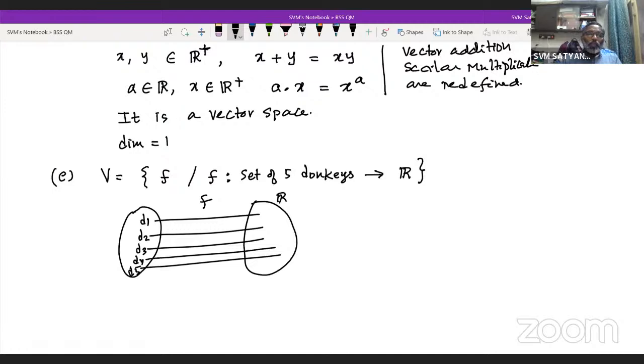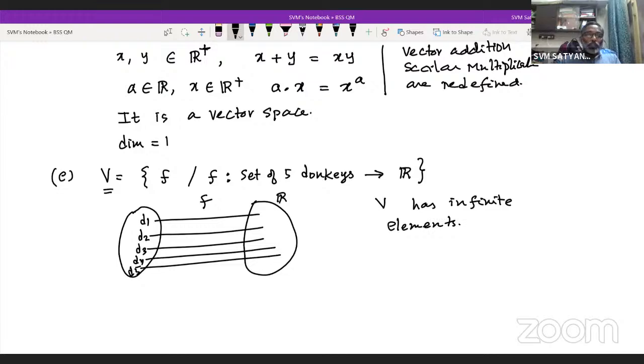Now like this, I can have mapping to any real numbers. So I will have infinitely many functions. Just like the set of real numbers is infinite, the set of complex numbers is infinite. So V has infinite elements, which is also true in the examples that we have discussed earlier.